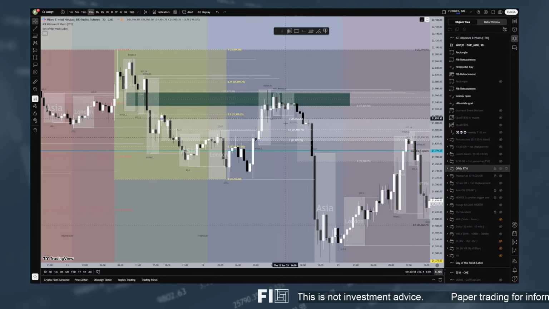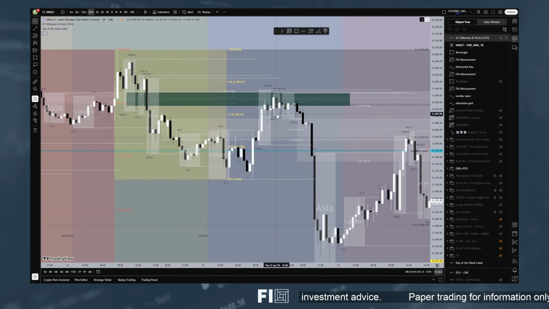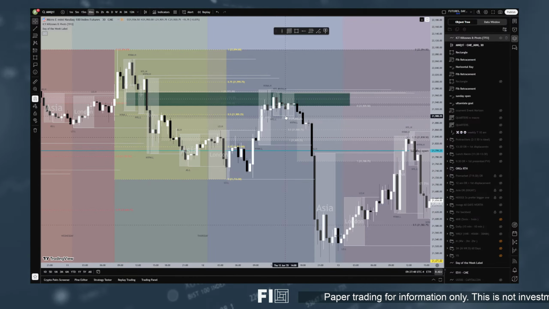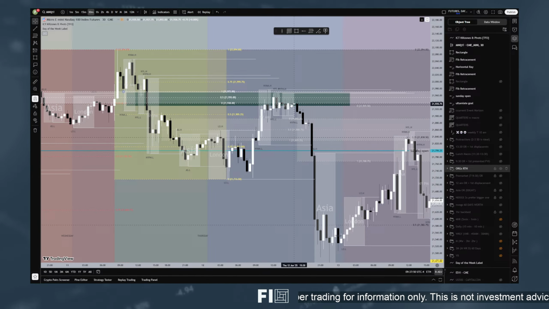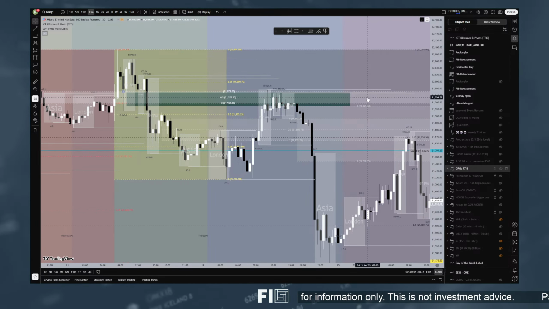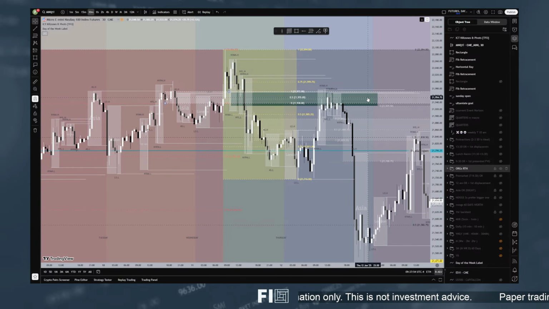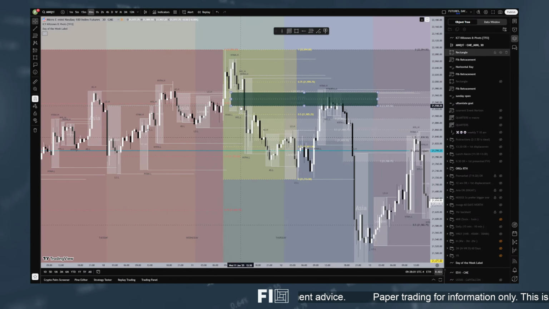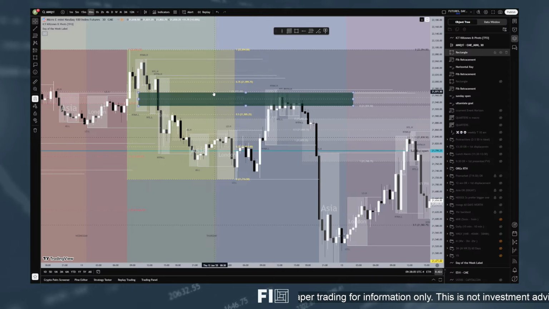Okay, head down lower, takes out the, what is this, New York lunch lows, trades back up. What is this? Oh, there's another ORG. Look at that. So there were stacks here. We have an ORG from Tuesday, plus the high sensitivity SIPI. Okay, so a lot of things are lining up here.